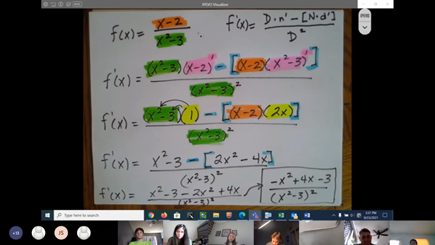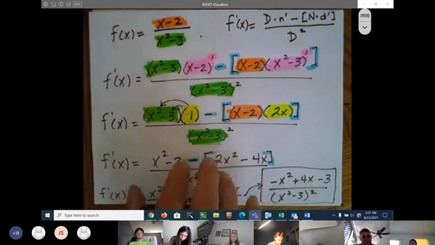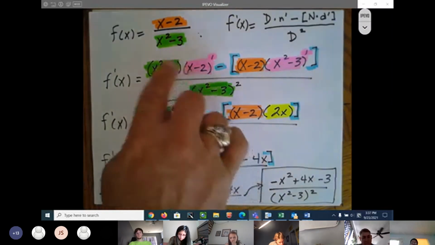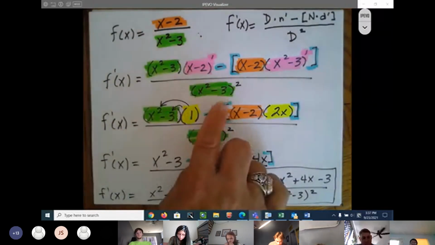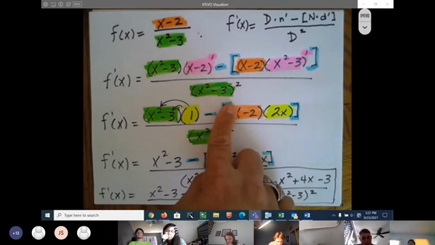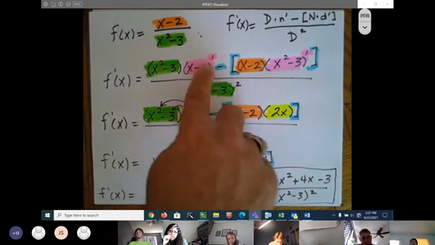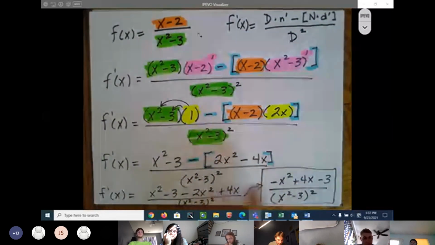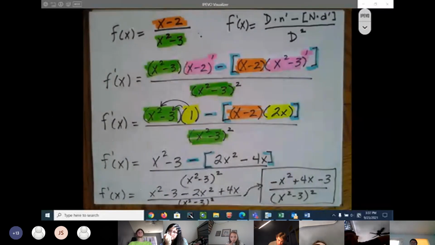Now I want to share with you that honestly, there's only one step in here that is actual calculus, and that's the step from here to here. You could say that both of these steps are calculus, but the rest of it is what? What's the rest of the problem? Rest of the problem is algebra, Hubert.